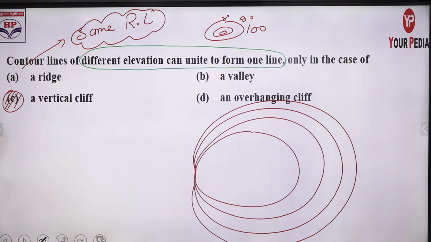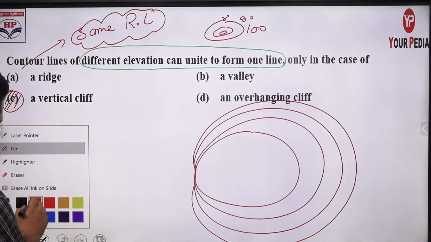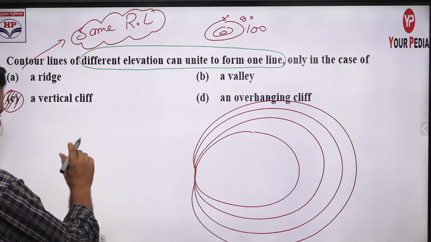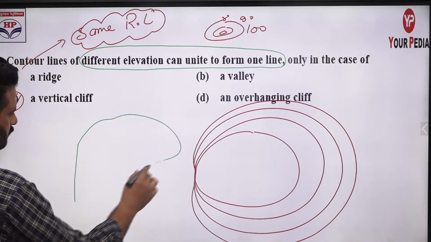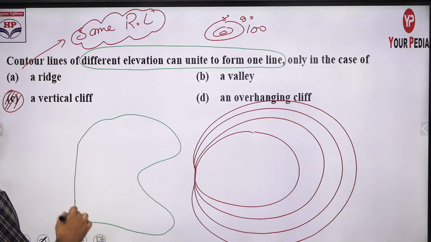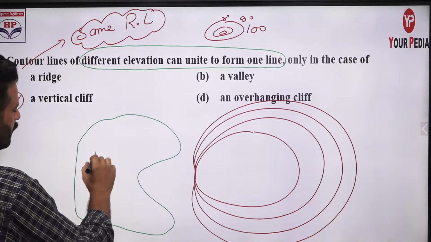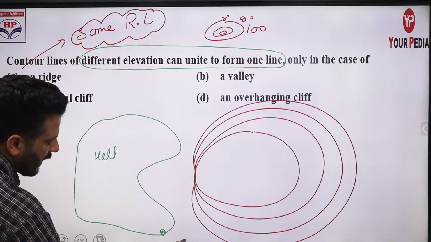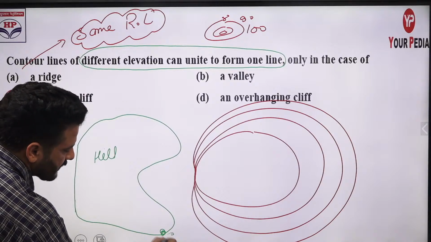Okay, let me try. Like this one, you have this vertical side; suppose this is your hill type situation. Here the RL is lowest, let it be, for example, 60.